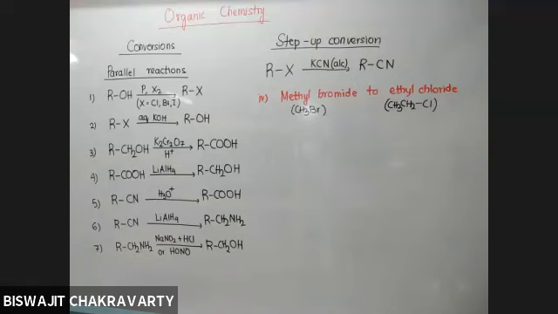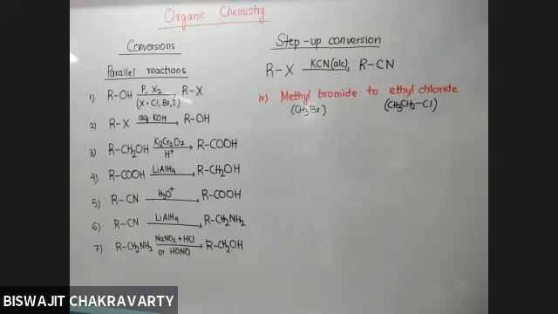Is it step up or not? So what do you think will be the first reagent to be added to CH3Br? KCN. Directly we can add potassium cyanide because we are already given alkyl halide.